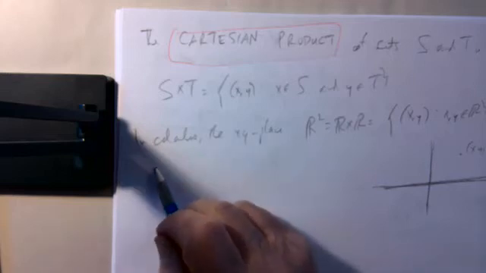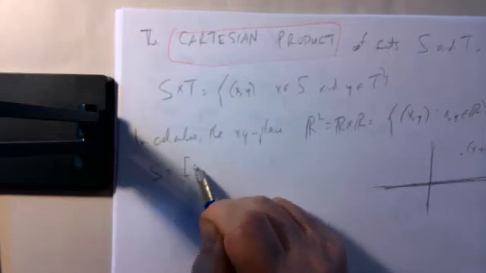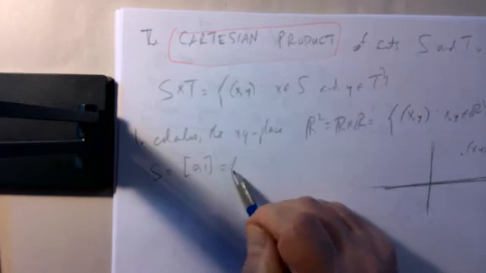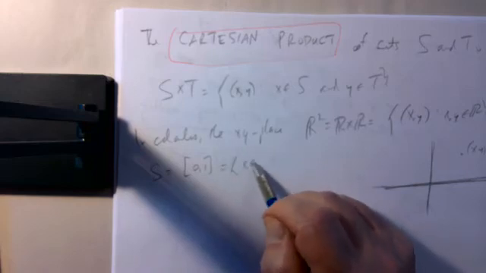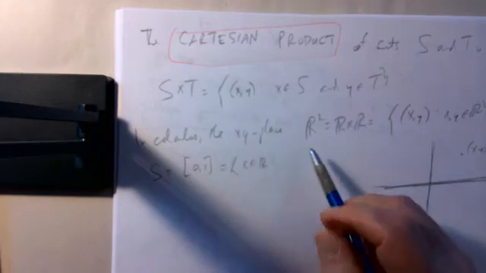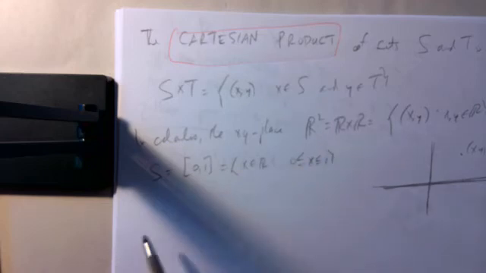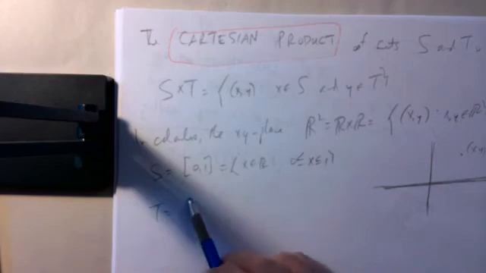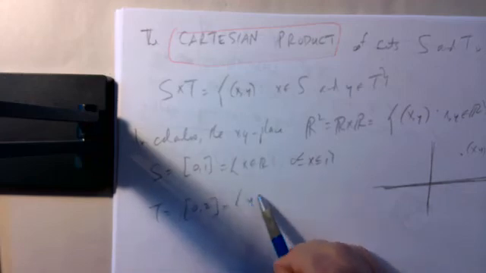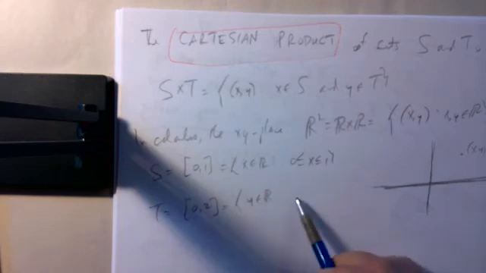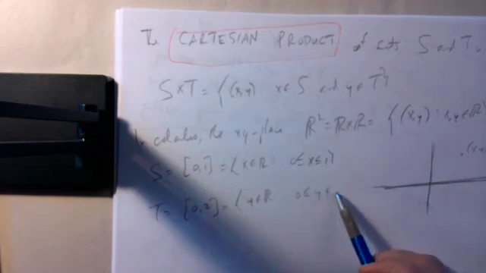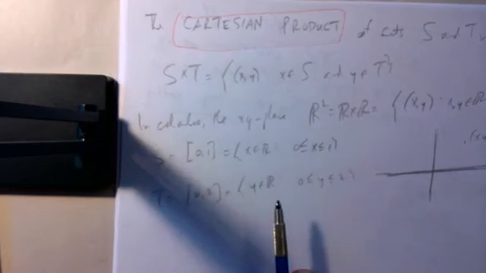Or if we take, for example, S to be the unit interval, that's all X in R where X is between 0 and 1. And suppose I take T to be the interval 0, 2, which is all Y in R such that Y is between 0 and 2.